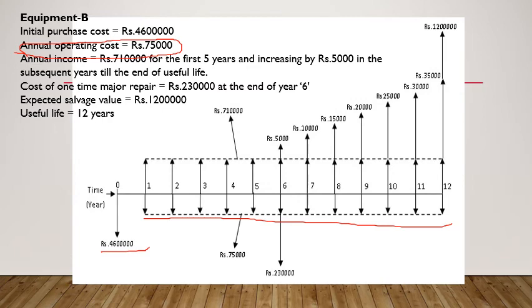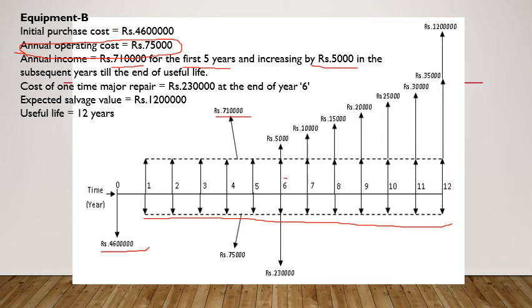And annual income of 7,10,000 for first 5 years and increases by 5,000 in the subsequent years till the end of useful life. This is a little bit different. For first 5 years it is 7,10,000 up to t is equal to 5.